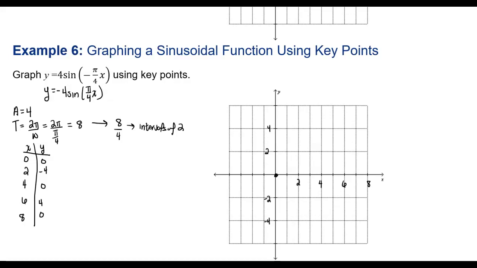We have 0, 0, 2, -4, 4, 0, 6, 4, 8, 0. And once again, we are just graphing one period, one part, one section, one cycle of this sine graph. So this is now y equals 4 sine of negative pi over 4x.